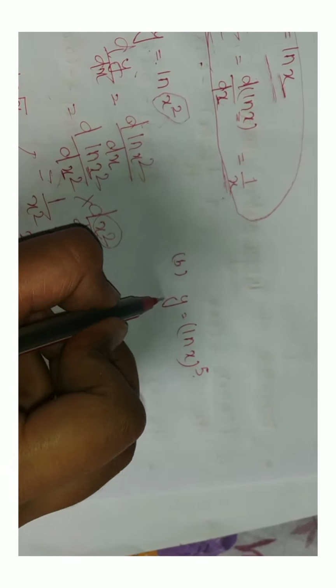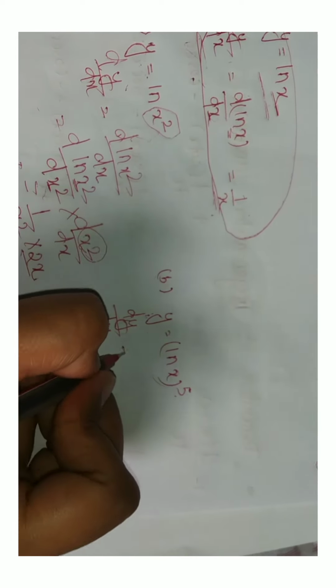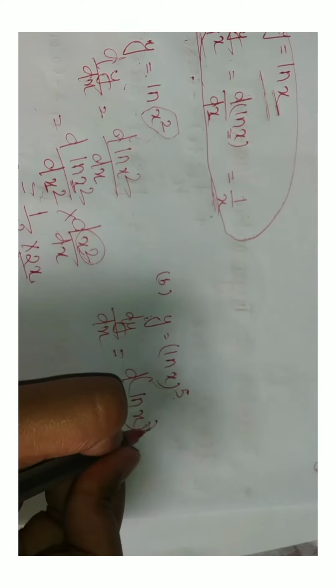Next question, y is equal to ln x to the power 5. We calculate dy by dx, that is equal to d of ln x to the power 5 by d ln x into d ln x by dx.